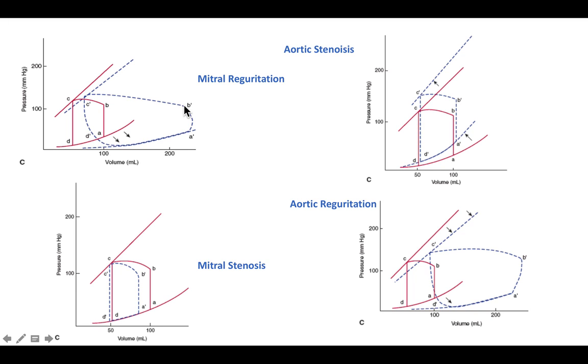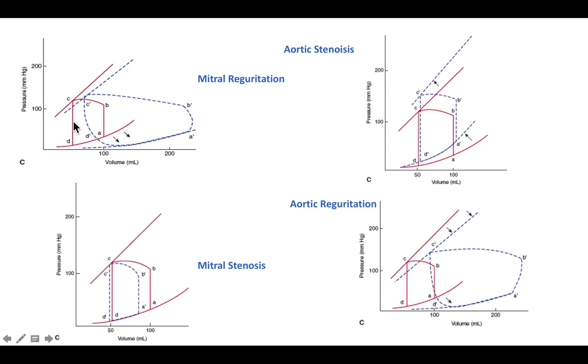The other thing that you might look at is the ejection phase. In a mitral regurgitation, you're ejecting blood not only into the aorta, but also into this nice low pressure atrium through the insufficient mitral valve. So you end up with a reasonably low end systolic pressure and reasonably low end systolic volume here.